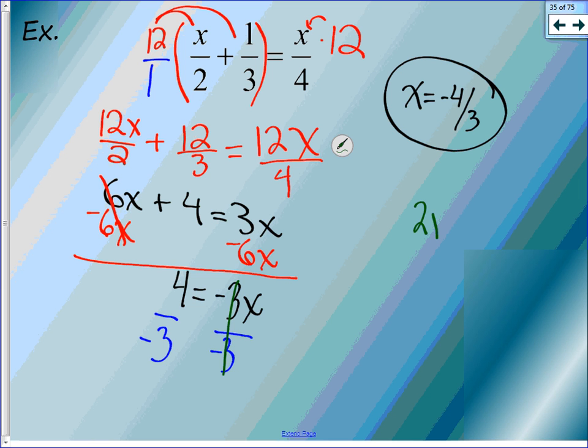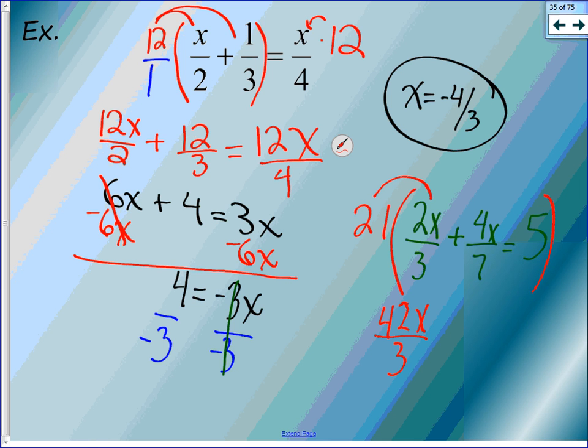If I had 2x over 3 plus 4x over 7 equals 5, let's say, what would the LCD be? 21. Watch this. This would be 42x over 3. This would be 84x over 7 equals 105.